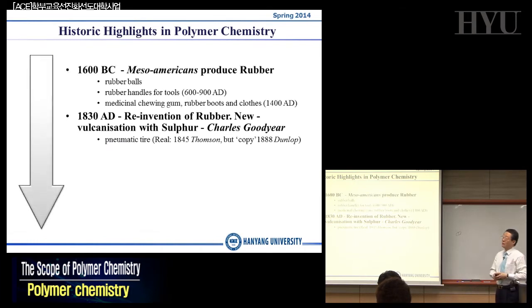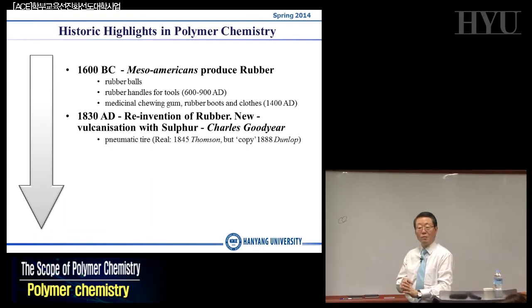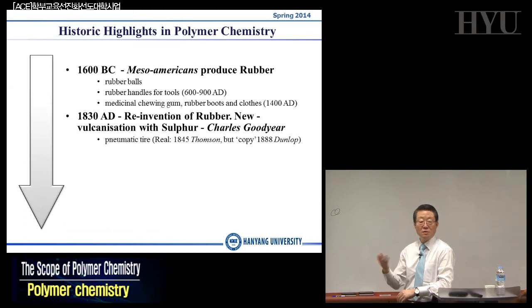Let's talk about the history of the polymers, which is the last part of the introduction to polymer cases. The history of the polymer goes back to the 16th or 17th century, when Europeans discovered North America.